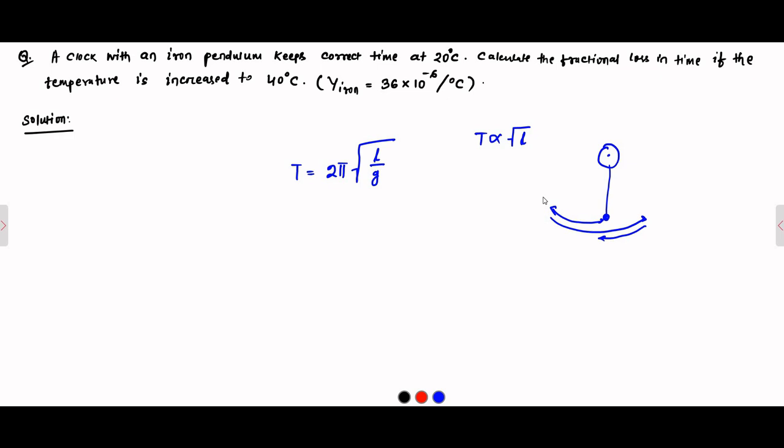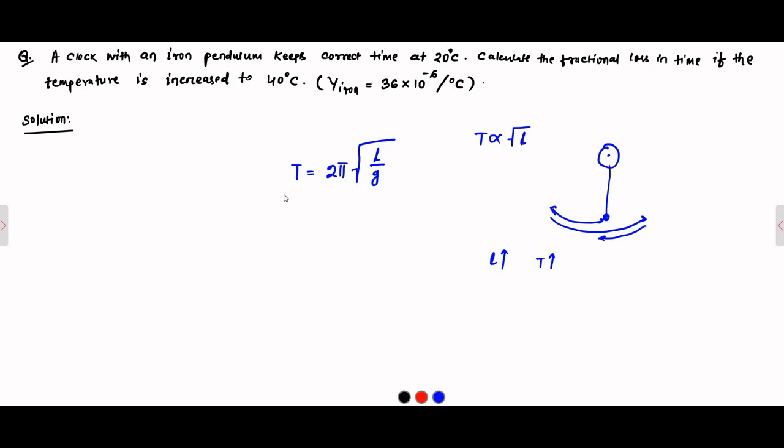For the design of the clock, it is calibrated according to a certain length to give us the correct time. So as the length increases, obviously the time period of oscillation will also increase.